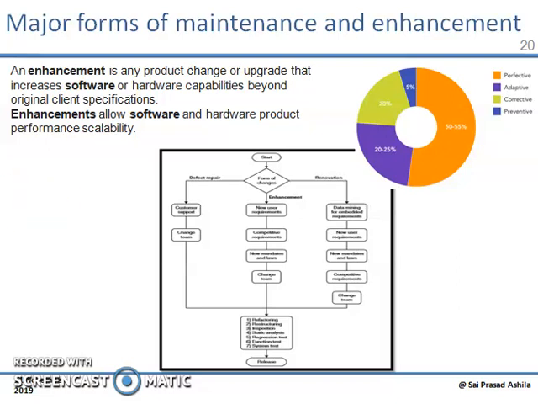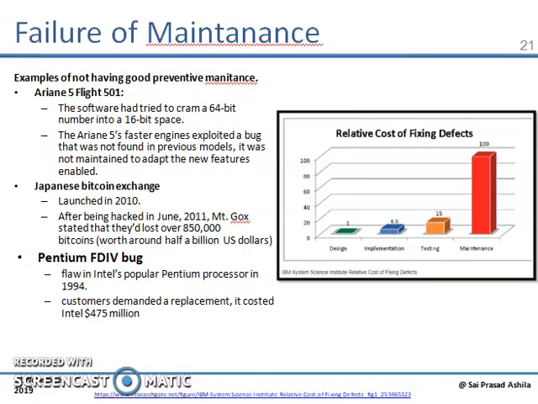What happens if maintenance is not planned? These are examples of failure of maintenance, where preventive maintenance was needed. In the Ariane 5 flight 501, the software had tried to cram 64-bit numbers into 16-bit numbers, and the Ariane 5's faster engine exploited a bug that was not found in previous modules.